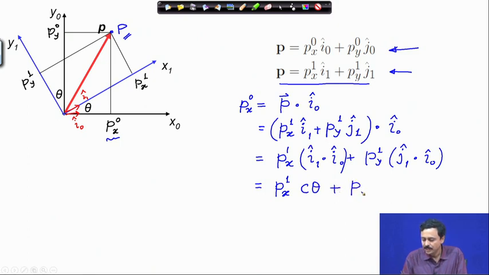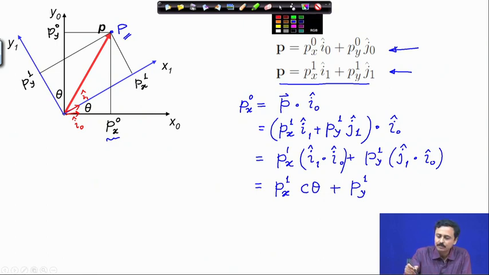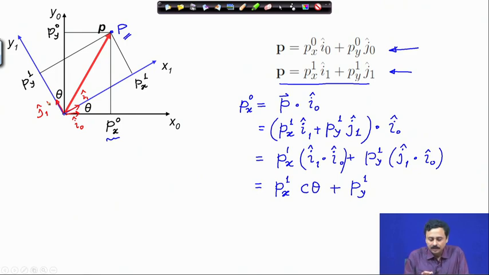Plus Py1 times j1 cap dot i0 cap. Now, j1 cap is a unit vector along y1. This unit vector j1 cap I have drawn here, dot i0 cap, must be the cosine of the angle between i0 cap and j1 cap.